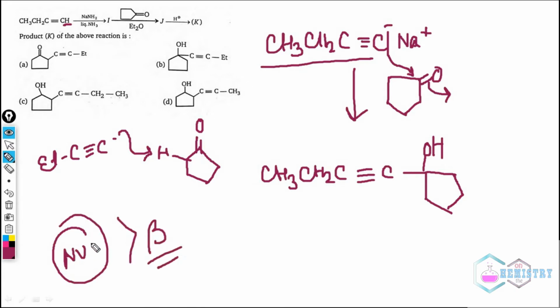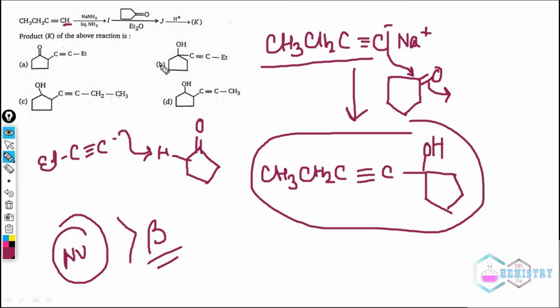So it will act as a nucleophile rather than a base, and this product will be formed, and hence this product is option B. So option B will be our answer. Never write option A or option C as an answer, because this group will never act as a base, it will act as a nucleophile.